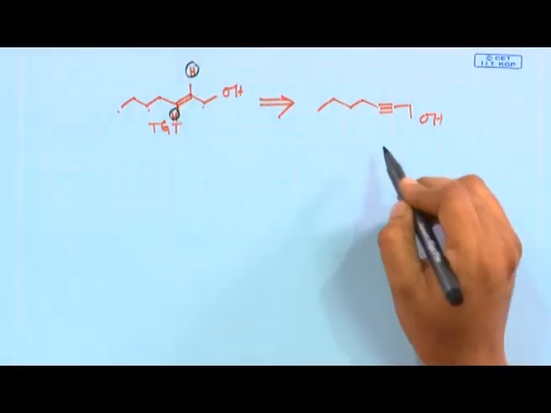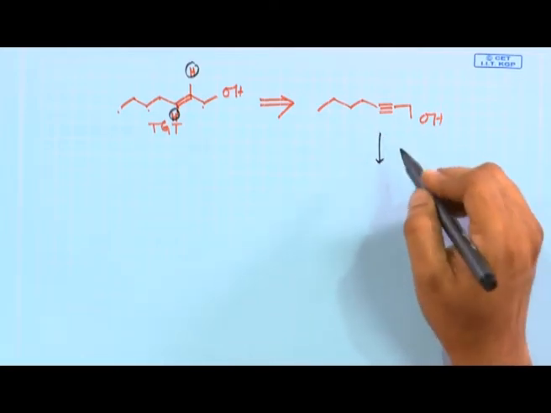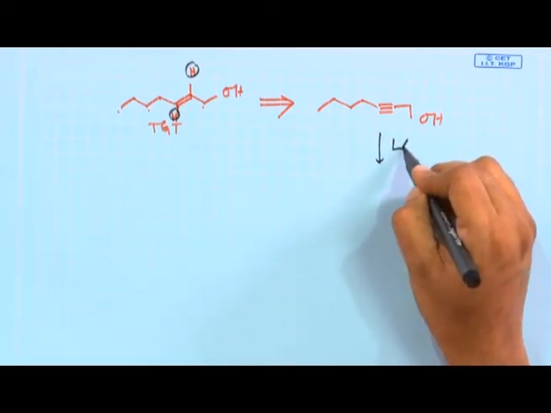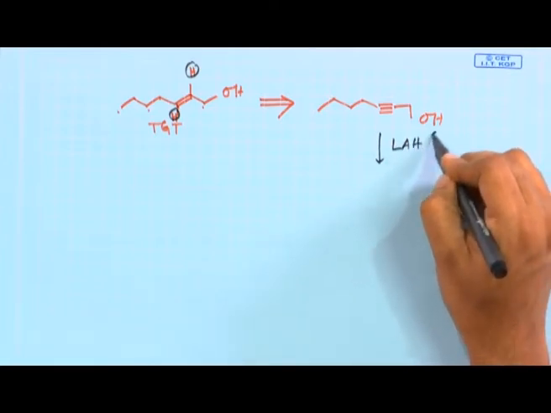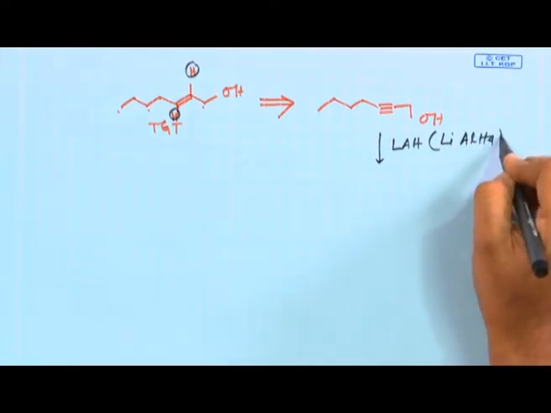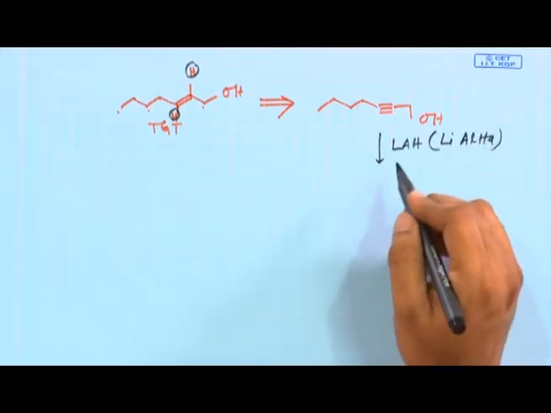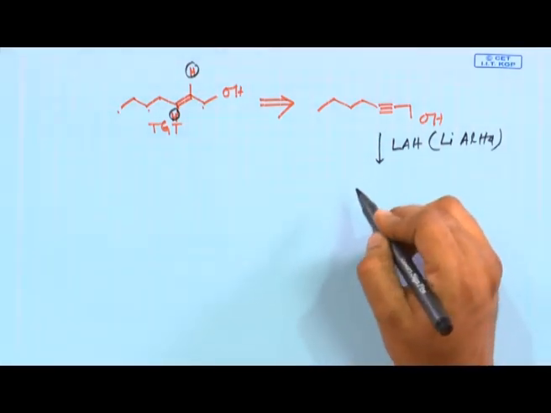It is not cis. So, a propargylic alcohol, if you subject it to a reducing agent named lithium aluminum hydride, it basically yields you the trans alcohol. Now, how? You need to figure it out.